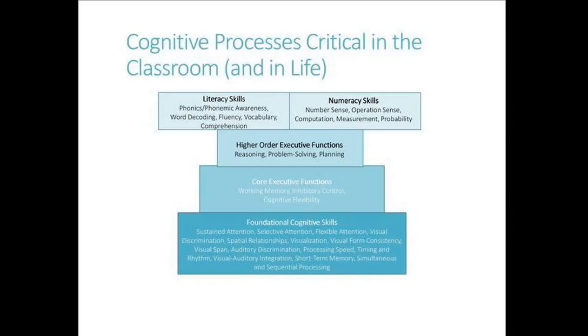This is a different way of looking at those cognitive skills and relating them, at least conceptually, to reading and to math. And what we can think of is a sort of pyramid of a foundation for learning. So down at the very bottom are cognitive skills that we call foundational. These are the ways that we get information in from the outside world.